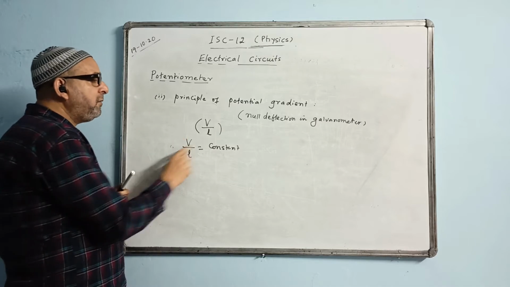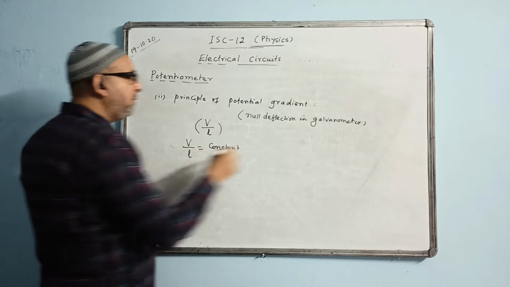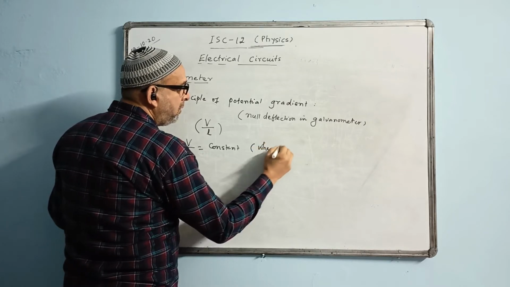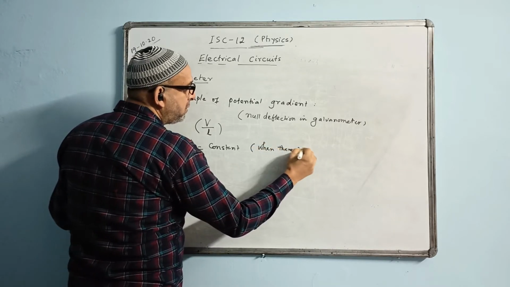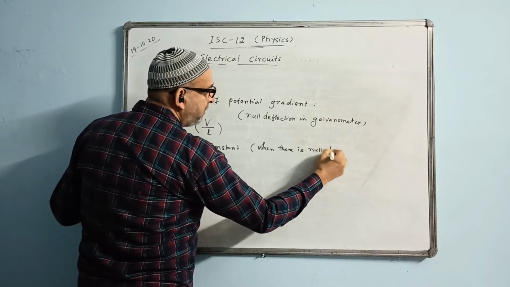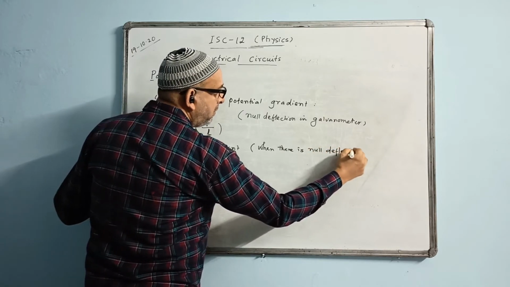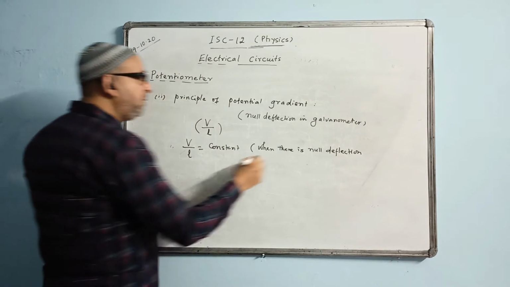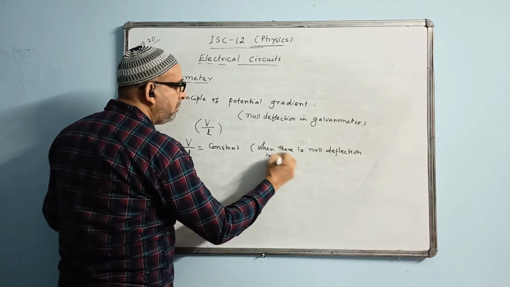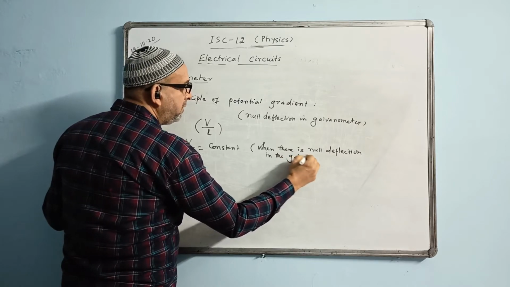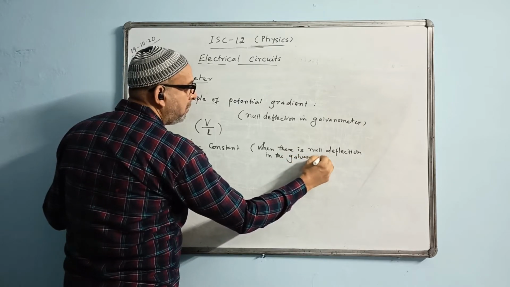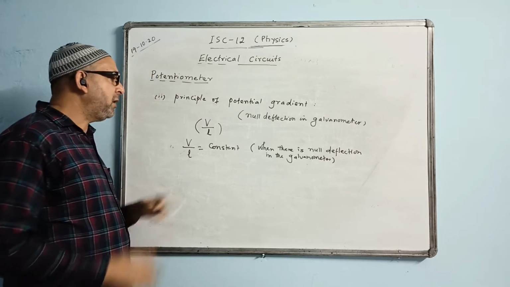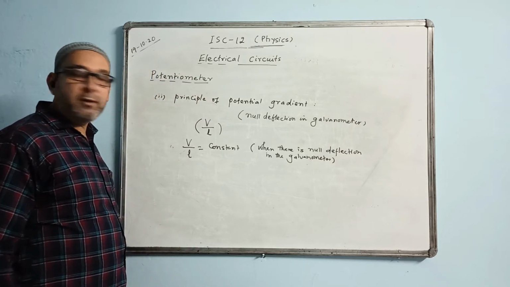The ratio V by L remains constant. You can write like this: when there is null deflection in the galvanometer, then the V by L ratio will be constant.